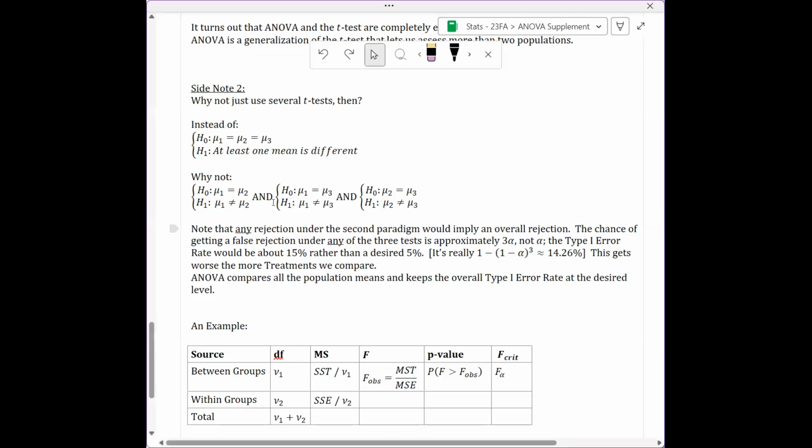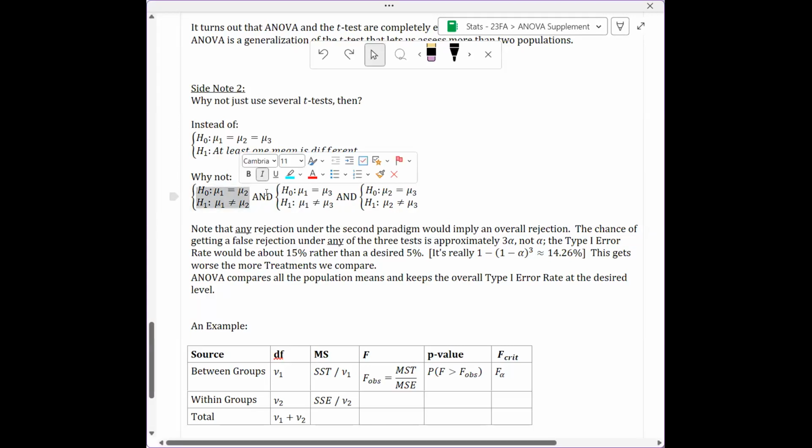The issue we get here is that if we, say, perform this first test with alpha of 5%, and then do the second test with the same alpha and the third with the same alpha, we might think that we're controlling the type 1 error to be less than 5%. But the problem is that if any of the three tests generates a rejection, then we have an overall rejection.